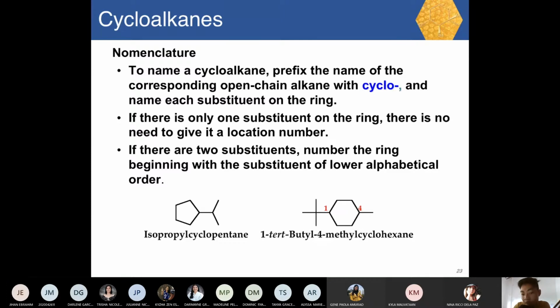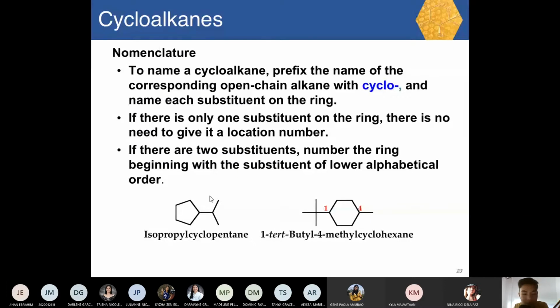Oct, meaning nun 8 carbons, plus the suffix "ane", no? So, parang nagne-name ka lang din ng alkanes, no? However, if that is in a ring fashion, you have to add the prefix cyclo. Naglalagay ka ng prefix sa prefix mo. Okay? Cyclopentane, cyclobutane, cyclopropane, etc. So, ganun lang yung pag-name ng iyong ring.